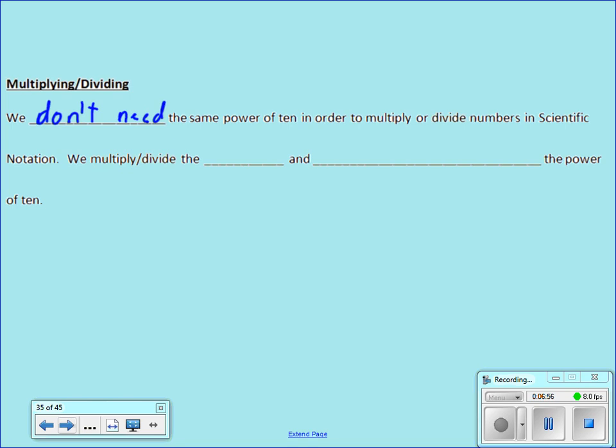We're going to multiply or divide the number, that number we have between 1 and 10, and use the exponent rules with the powers of 10.